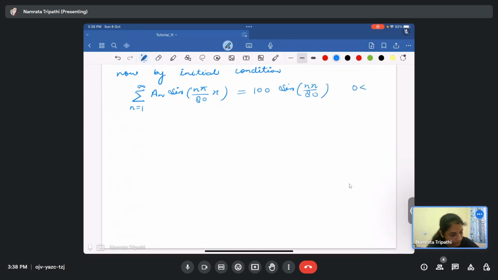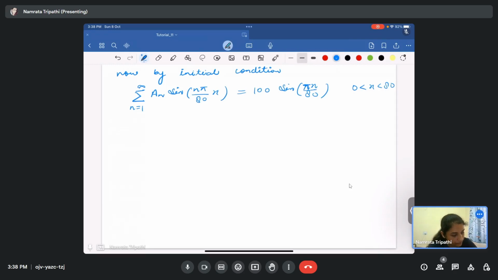After putting t equals 0, you will get the left hand side. Now from here you can see this is π, not n.